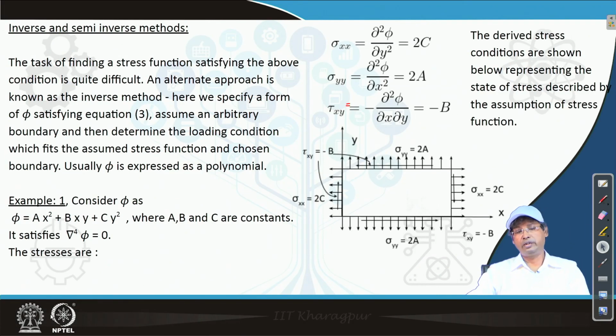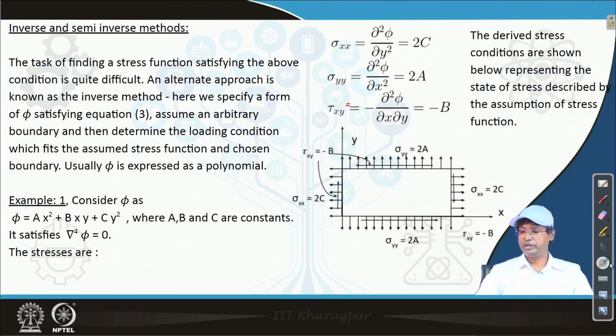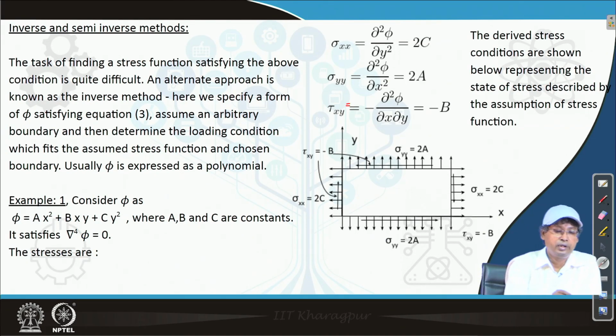Here come the 2 ways of solving problems, the inverse and semi inverse methods. As mentioned, we will first learn the inverse method, and in the next lecture we will go through the semi inverse method. To go through the methods in brief, the task of finding a stress function satisfying the above condition is quite difficult.